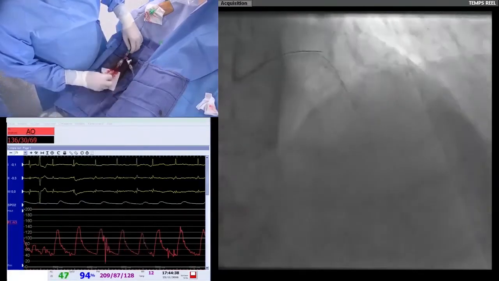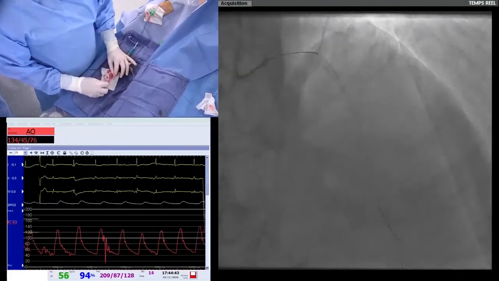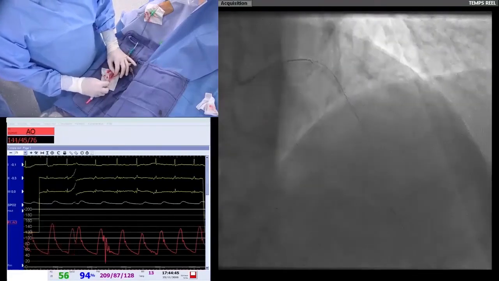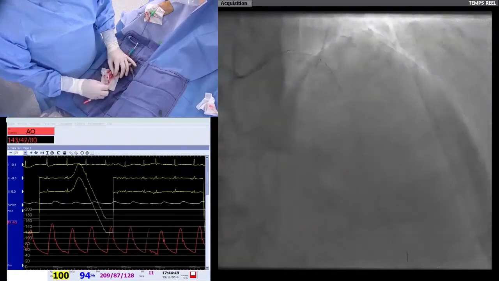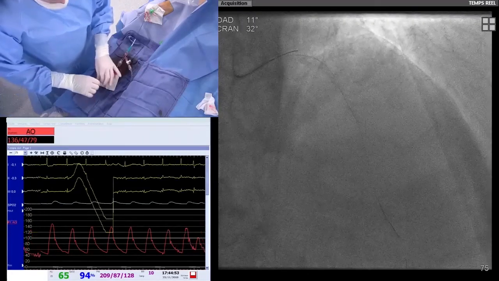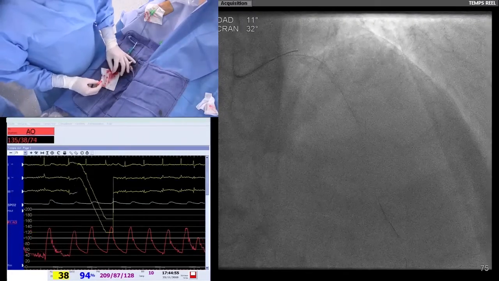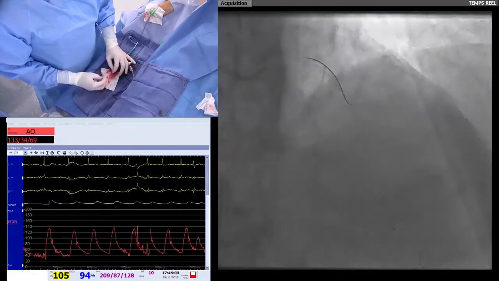I think we can use a non-compliant balloon of 3.0 by 15 to treat the distal LAD, and then we will tell you if you want some contrast. We will use maybe a larger one in the proximal LAD and also in the left main.